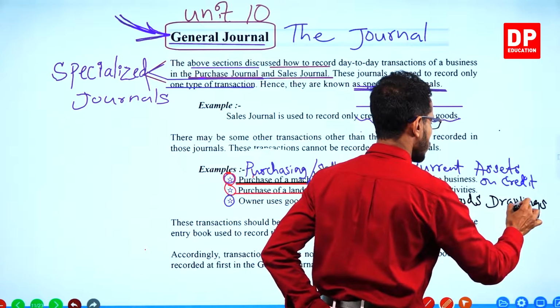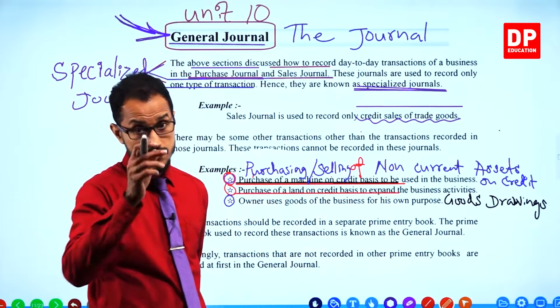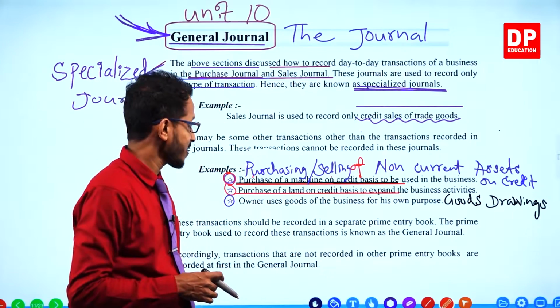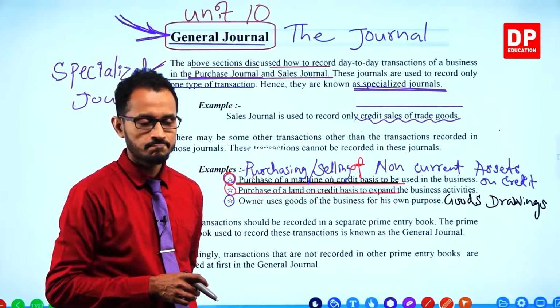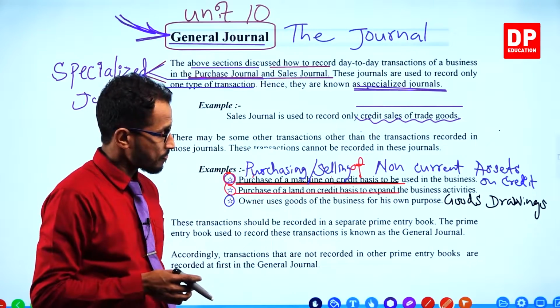You record goods drawings in the general journal. Why? You know why?